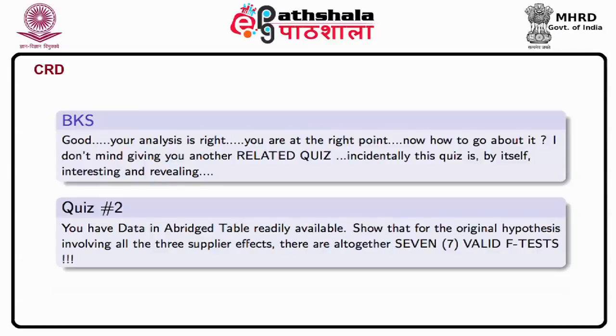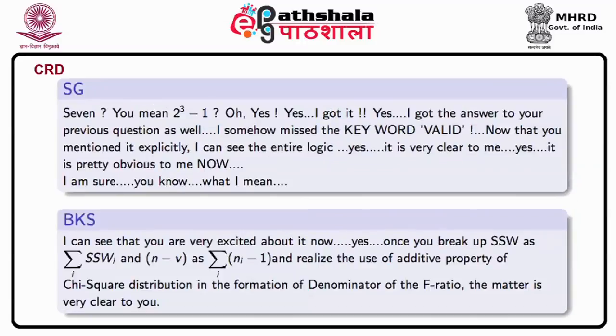So everything is known to you and given to you. So that for the original hypothesis involving all the 3 supplier effects, there are altogether 7 valid F-tests. So look to the bold thing written here, 7 valid F-tests. Can you argue out? 7?